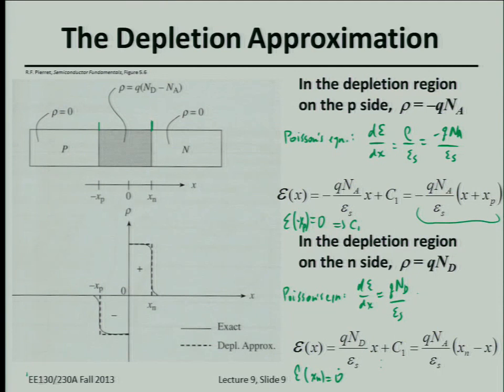And so you can see from this particular solution that if x is equal to xn, then the electric field is 0. Okay, so it's a linear function of distance x, and it's actually decreasing in magnitude. Actually, it's becoming less negative as you go to positive x. And so the slope is a positive slope, as I mentioned on the previous slide. Okay, so ND, oh yeah, sorry, thank you. This typo, ND, thank you.